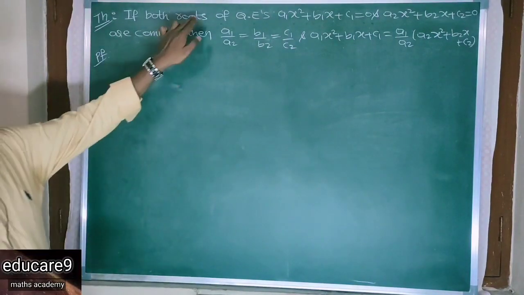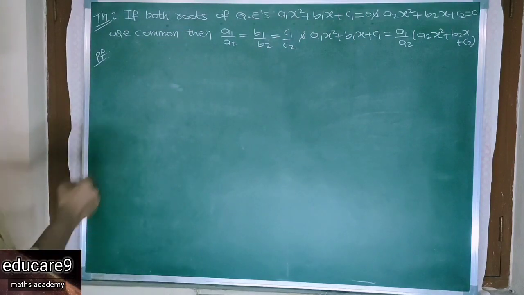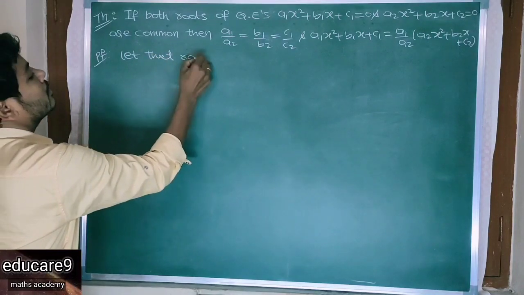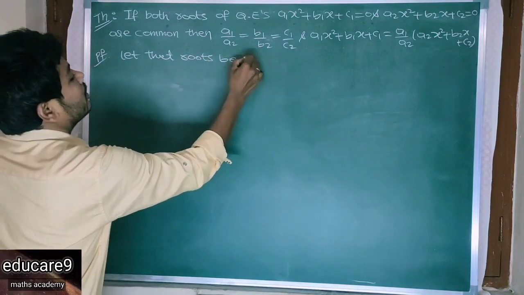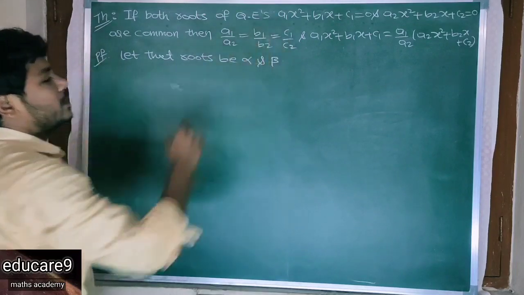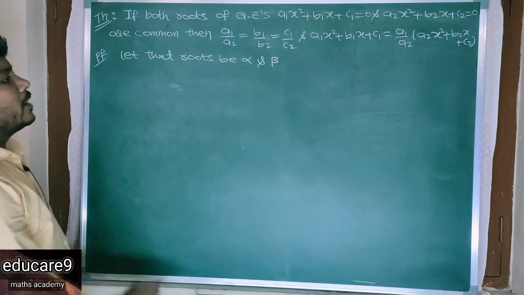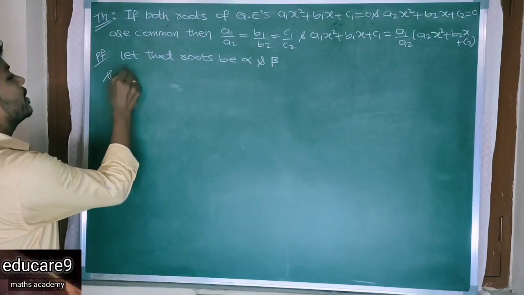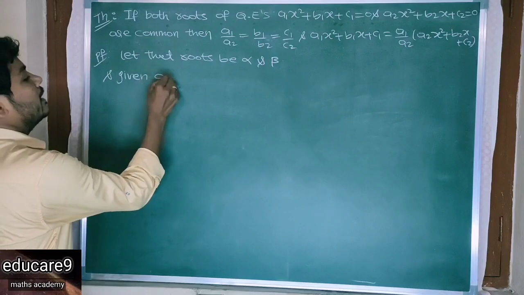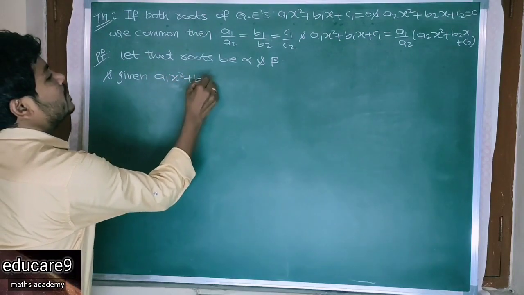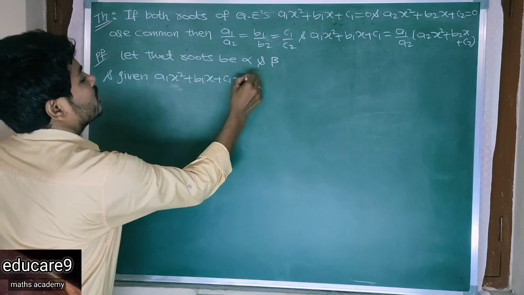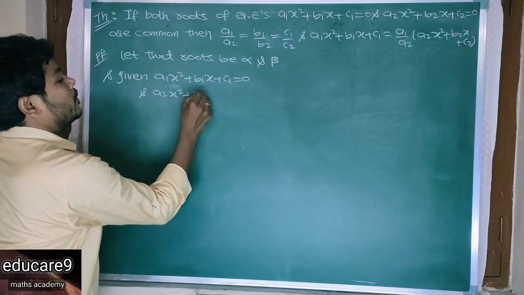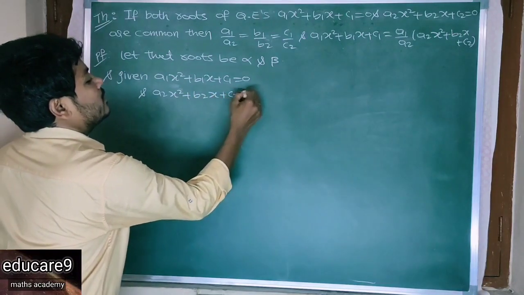So here both roots are common. Let the roots be alpha and beta. And the given quadratic equations are a1x square plus b1x plus c1 is equal to 0 and a2x square plus b2x plus c2 is equal to 0.